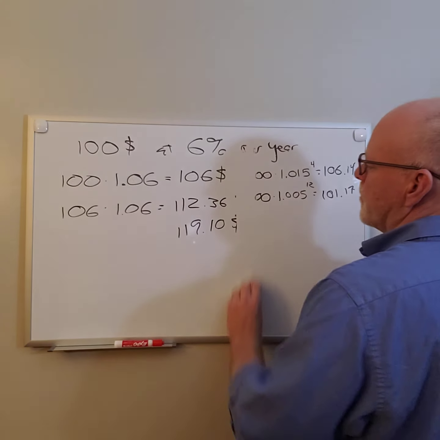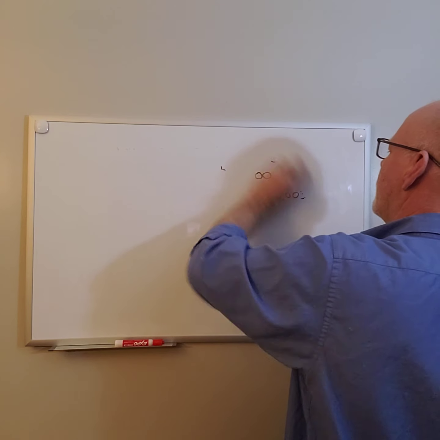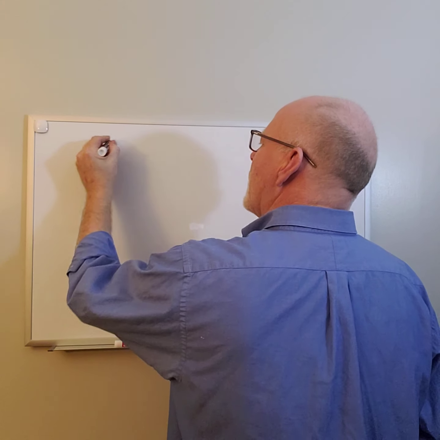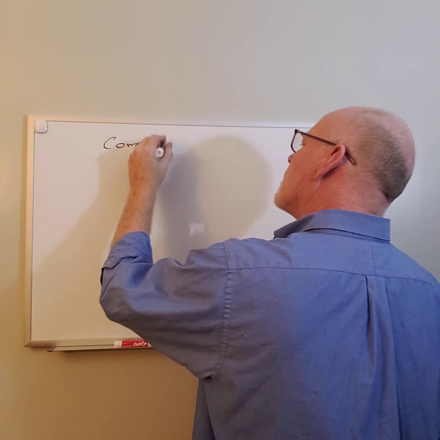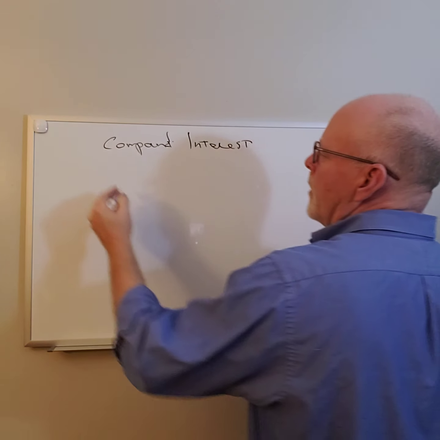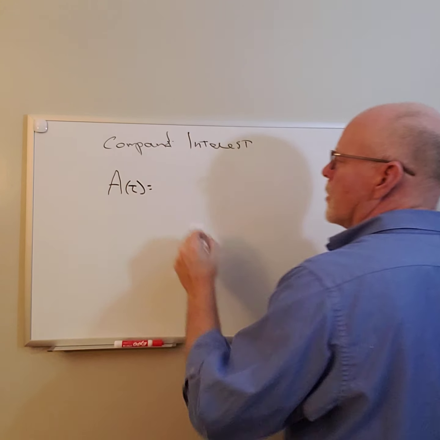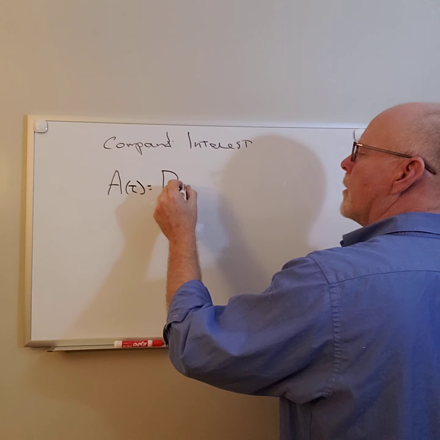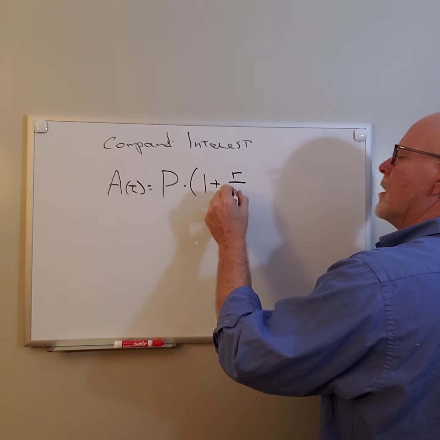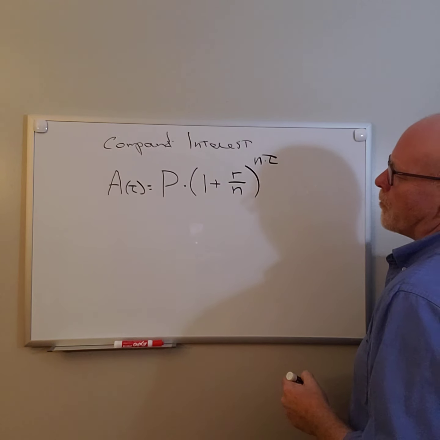Now let me give you the formula. And this you can write down and have ready to go for the next lecture, video, class, blog, whatever the heck you're going to call these. Our compound interest formula: the amount that we're going to have after t years is going to be the principal times 1 plus the rate divided by n to the n times t power.